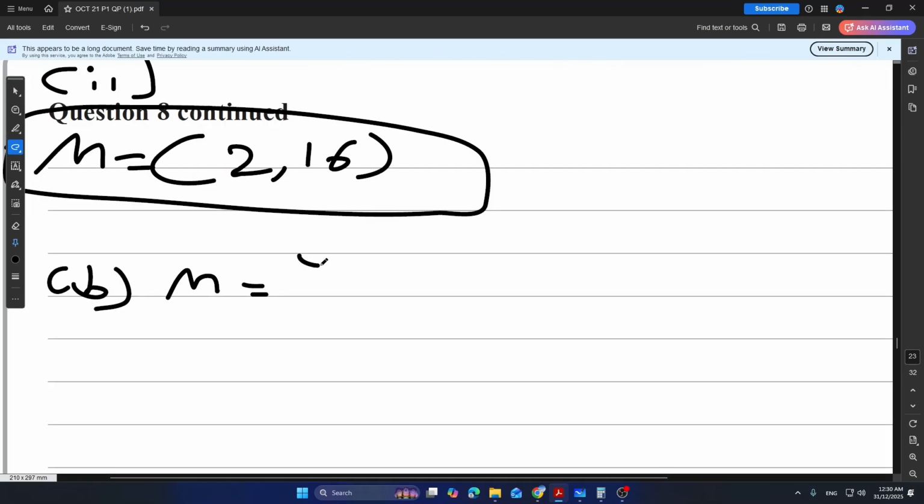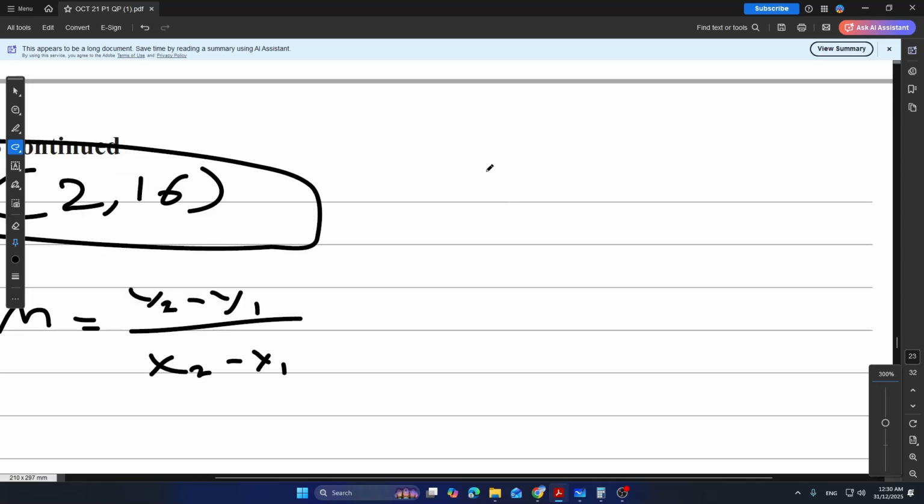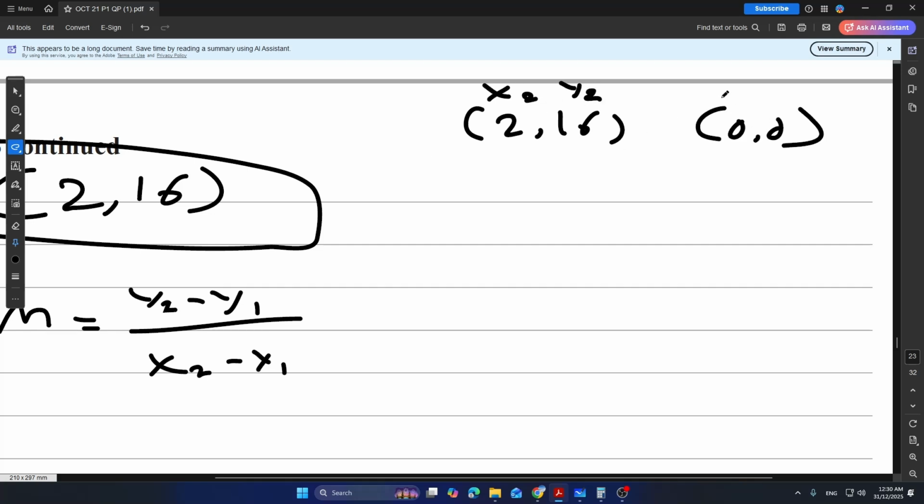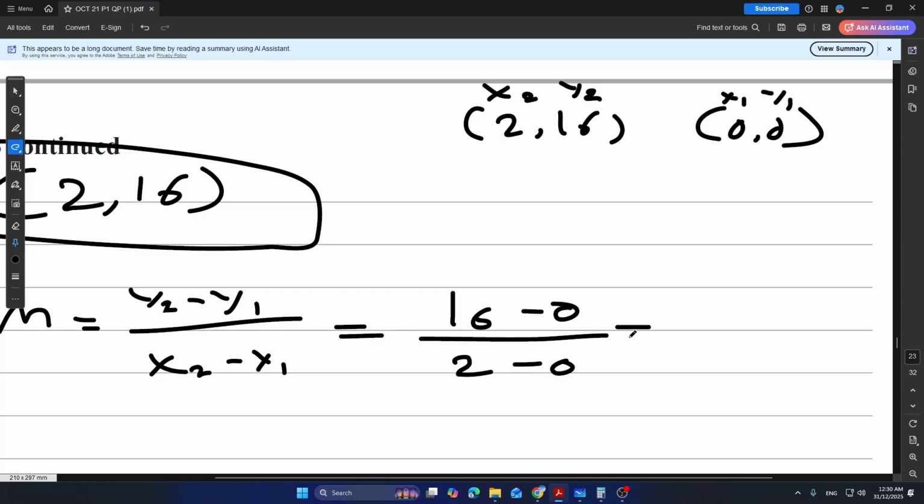Gradient is equal to y2 minus y1 over x2 minus x1. Our 2 points are 2, 16, which is x2, y2, and 0, 0, which is x1, y1. Anything minus 0 is itself, so I'll do 16 minus 0 over 2 minus 0, which will give me 8.